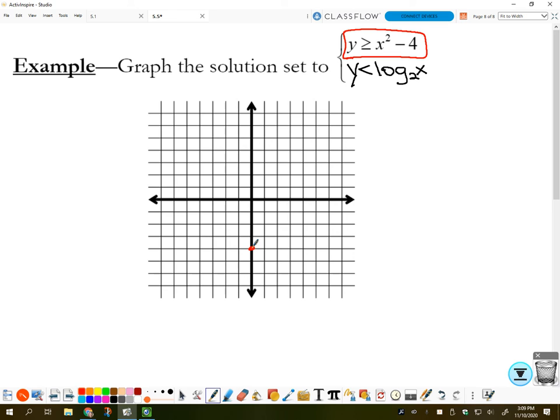We started at -4, and we're like up 1 over 1, out 2, up 4, in both directions, and that gives us a decent quadratic. All right, this is an equal to, so it's a solid parabola. Greater than for a parabola. So if you take a line, greater than is above. Well, if I take my line and I curve it up, then I'm squishing that stuff to the inside.